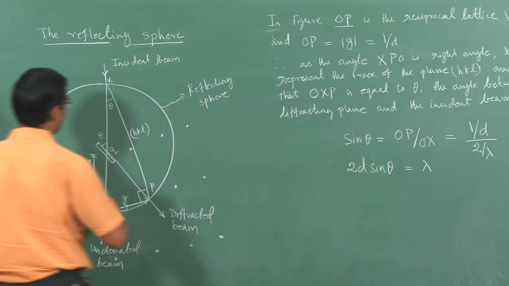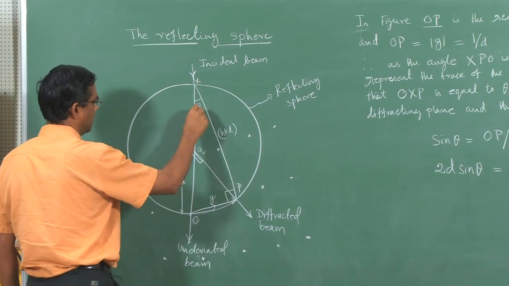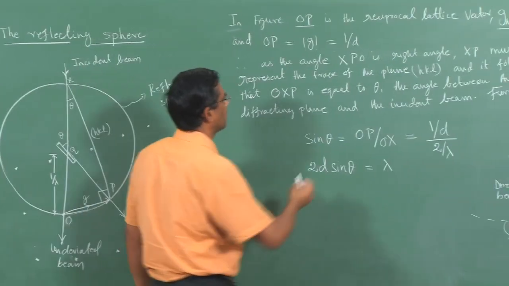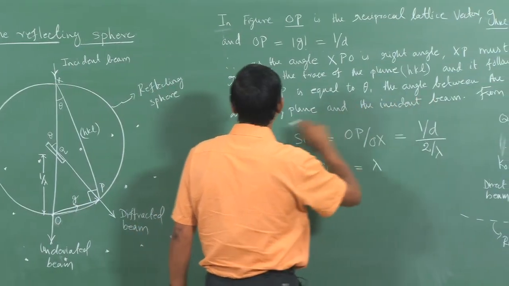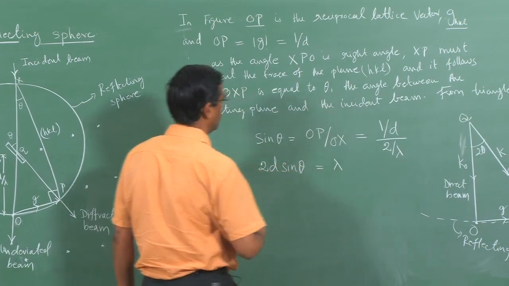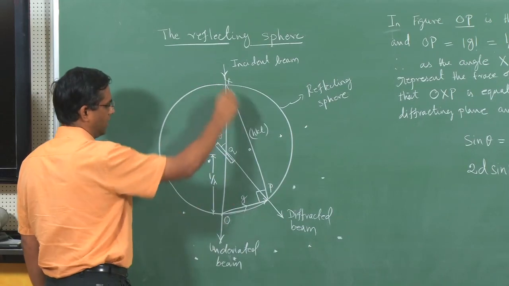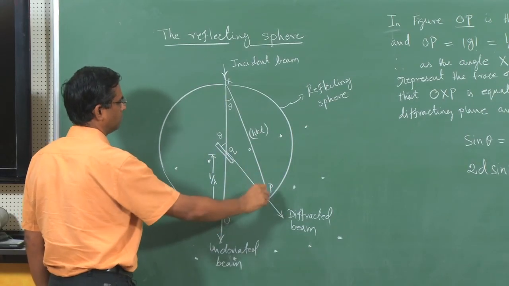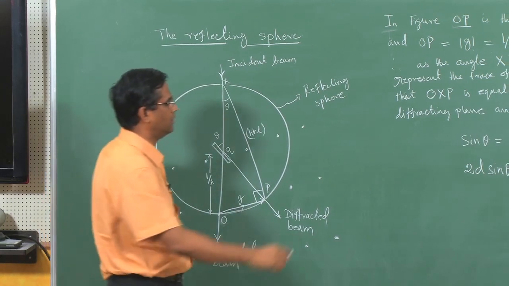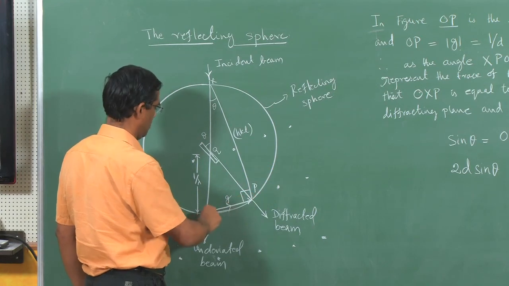Where is the theta here? OXP is theta here, and again the theta is here, the angle between the diffracting plane and the incident beam. So from the triangle OXP, you have sin theta is equal to OP by OX.